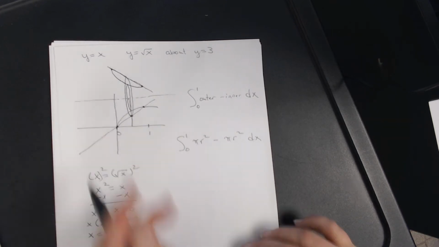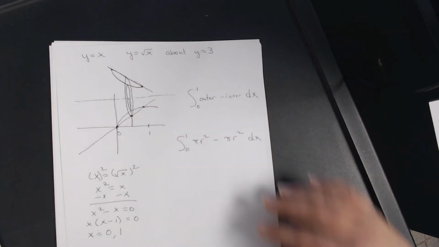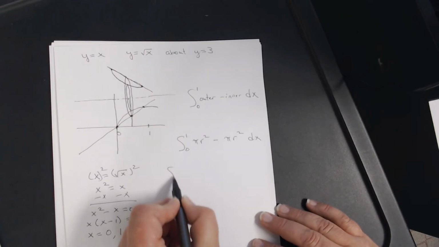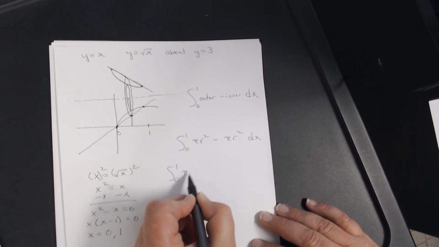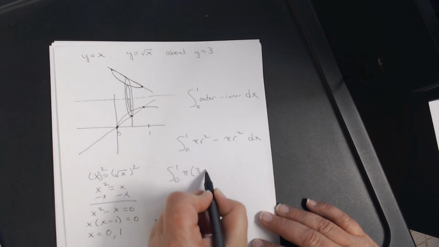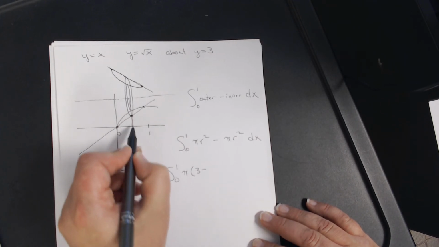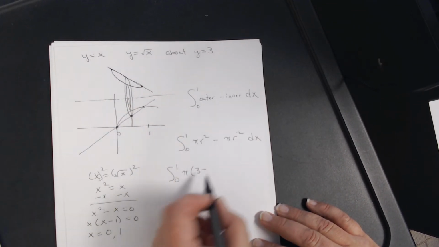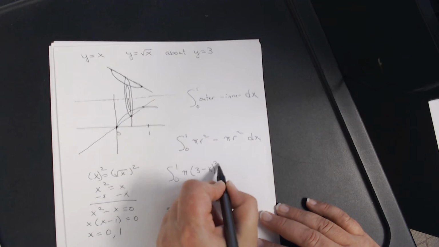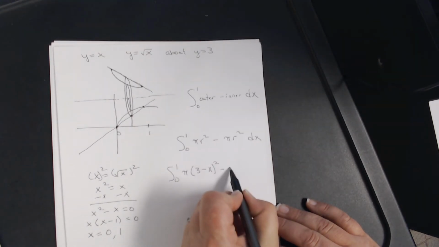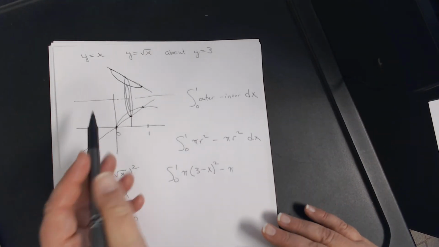So in order to get that missing piece, you have to do, let's go from 0 to 1 pi, you have to do 3 and then minus this distance. That distance was the line, so minus x.